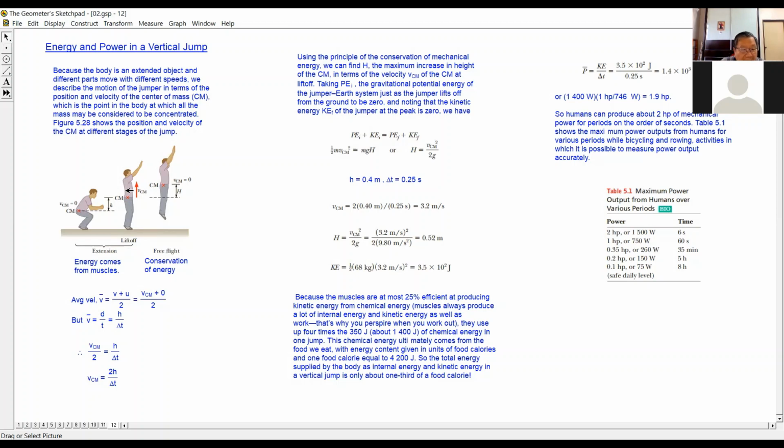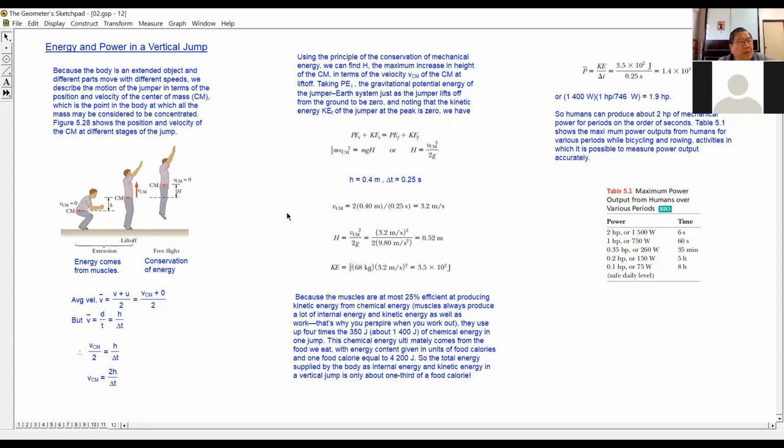The second stage is called the free flight, because the muscle is no longer contributing energy. So it's a free flight. But from the first stage, the extension until the lift off, the energy comes from the chemical energy burned in the muscle, and the muscle acts like a spring, pushing up.